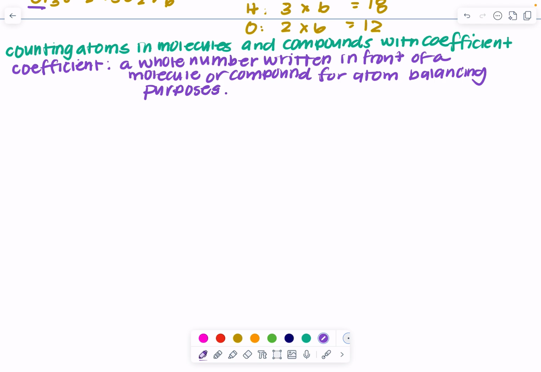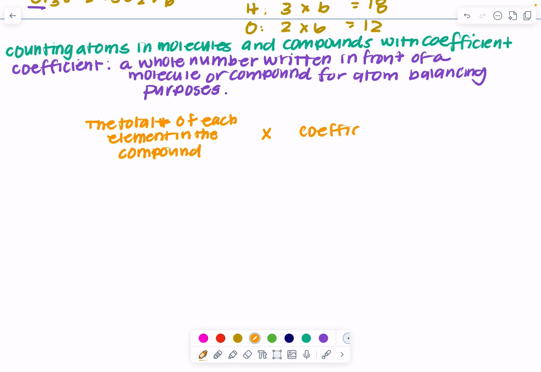And the way that we do that is, first we want to get the total number of each element in the compound or molecule, whatever you want to call it. And then we're going to multiply it by the coefficient.